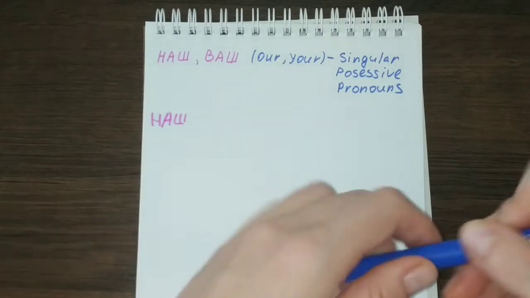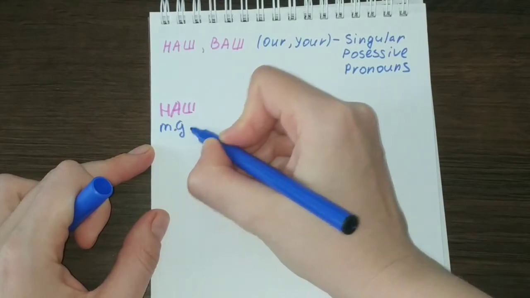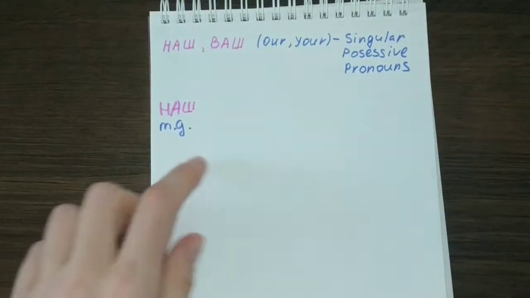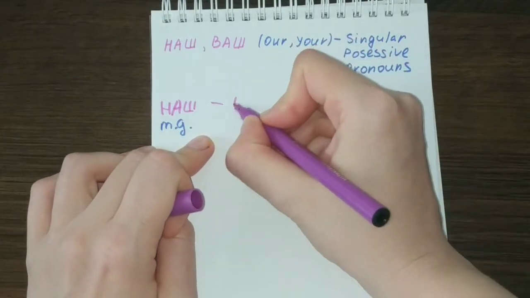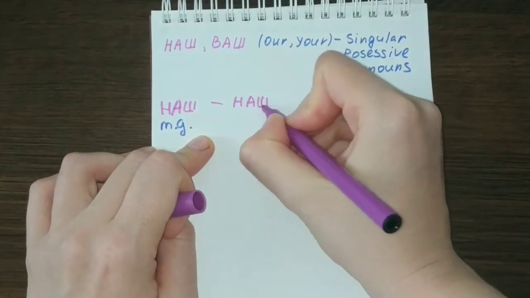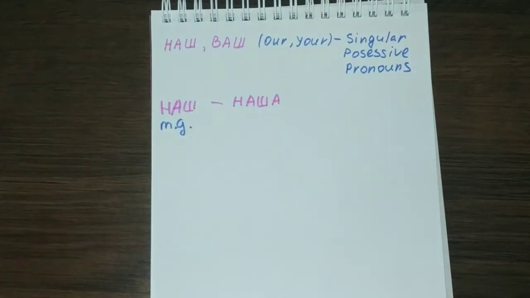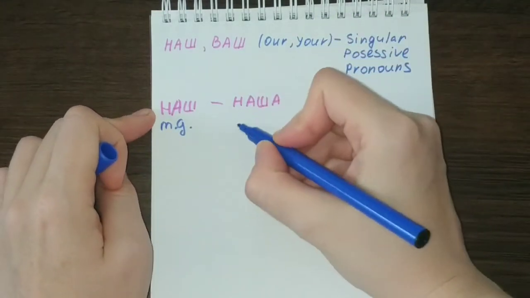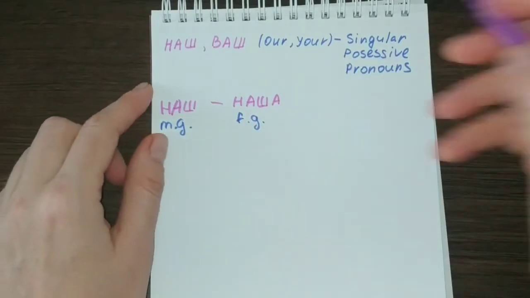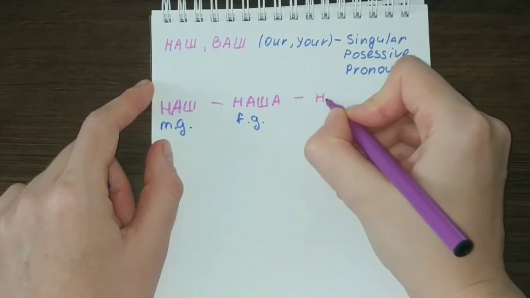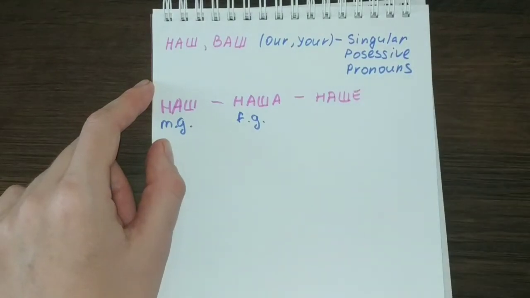So наш is a masculine gender form. Then we have the feminine gender, which is наша. So the feminine gender form of this possessive pronoun our is наша. And the third form will be neuter gender, which is наше, neuter gender.